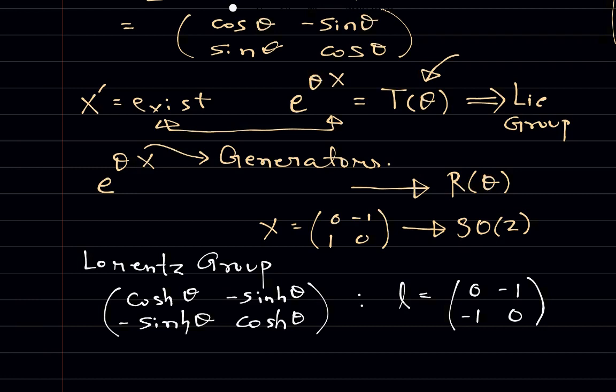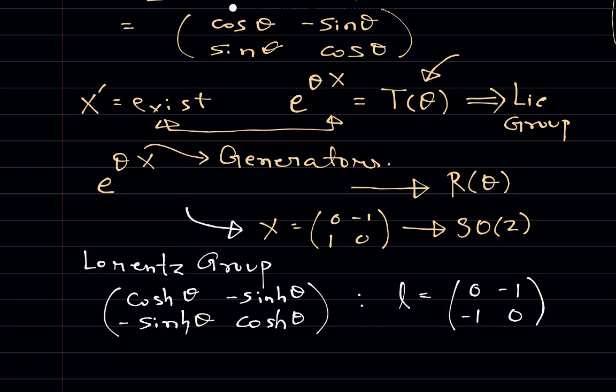So, Vikram. Yes, sir. So we have this Lorentz group in Minkowski space, which is also a rotation, and it turns out to be symmetric. So you have symmetric generator for Minkowski space rotations, and you have this antisymmetric generator for SO2, which is rotations in the real Euclidean space R2.